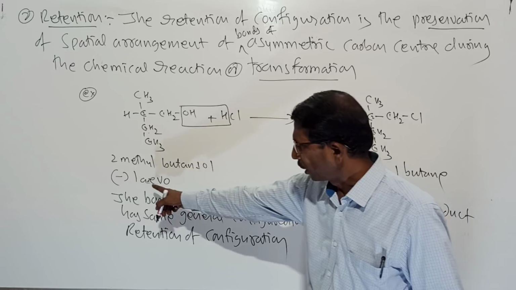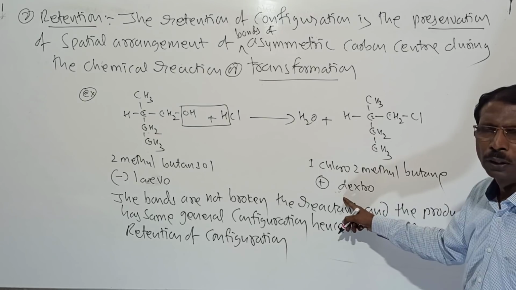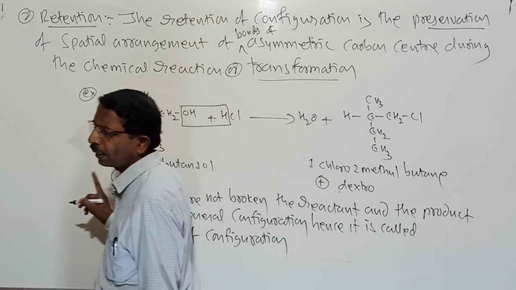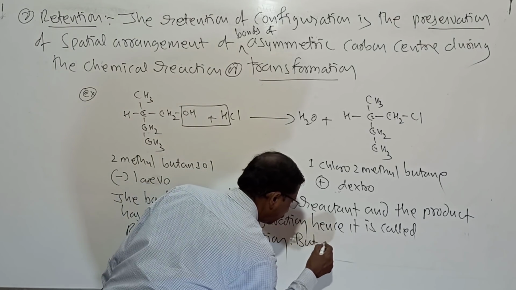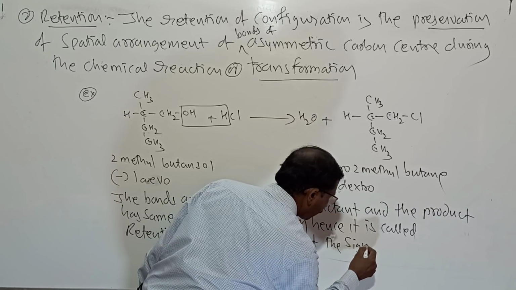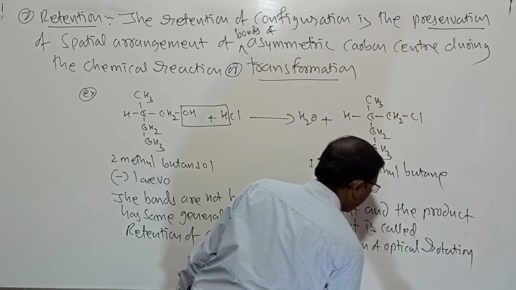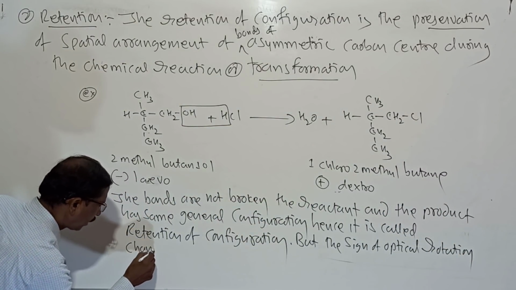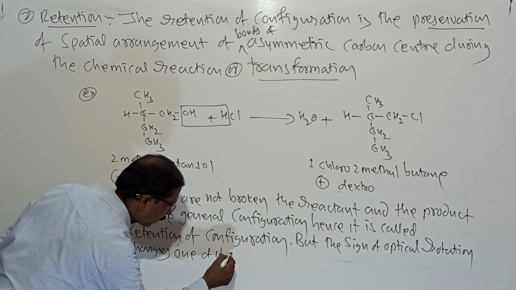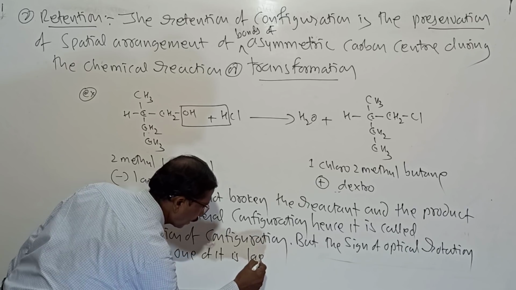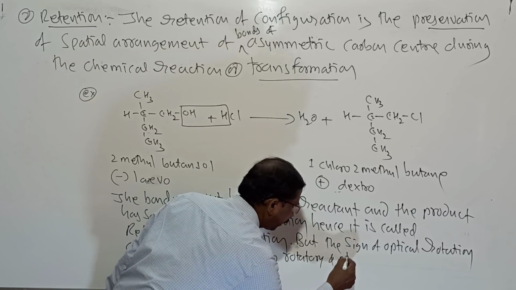But here the sign may change. One has a negative sign, it is leorotatory, and the other has a positive sign, it is dextrorotatory. You may write this or not, it is more than enough. The sign of optical rotation changes.